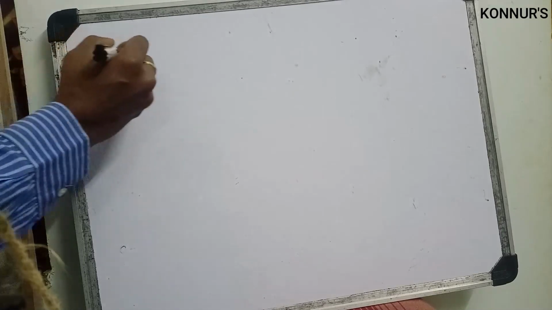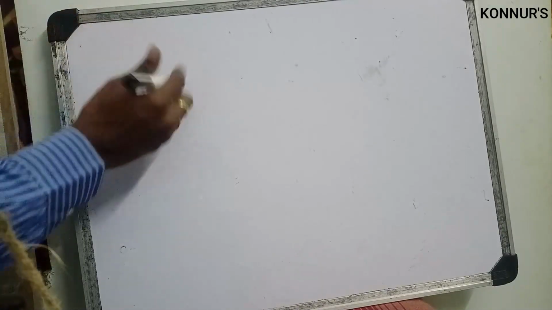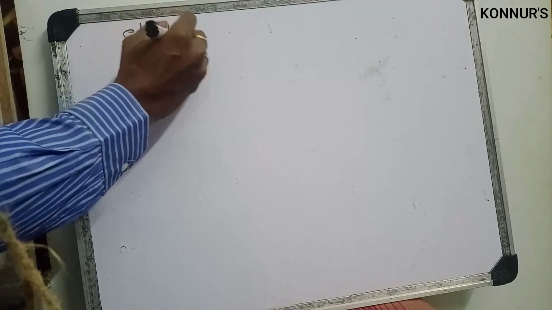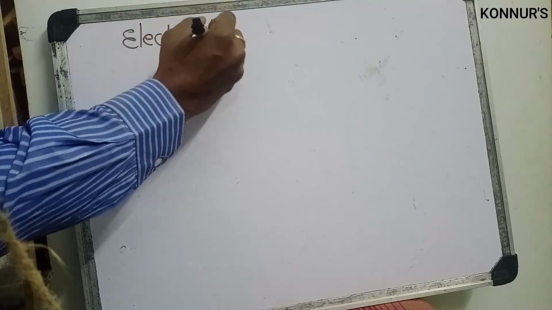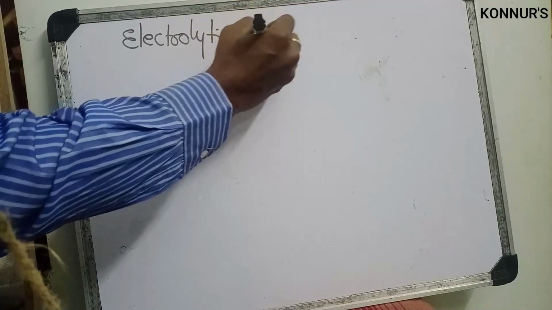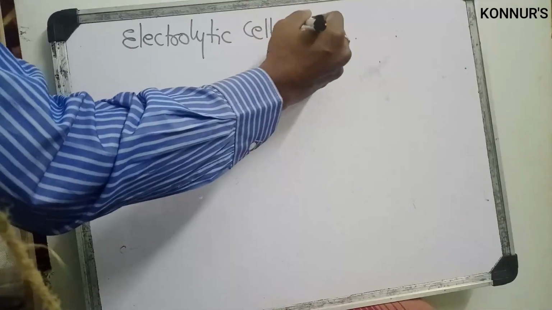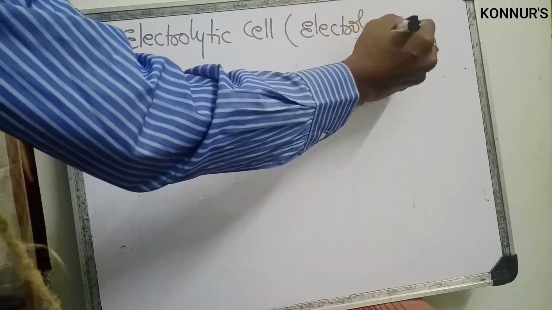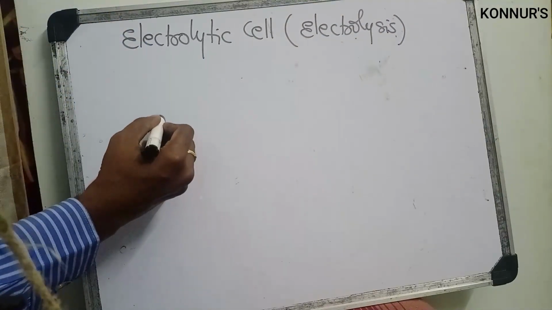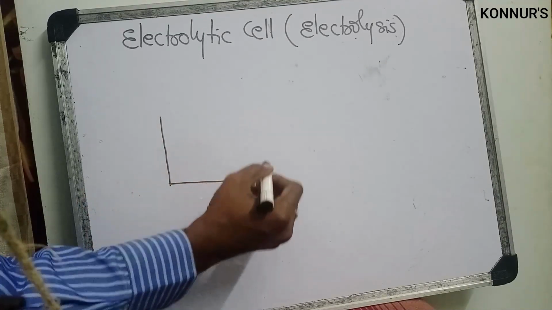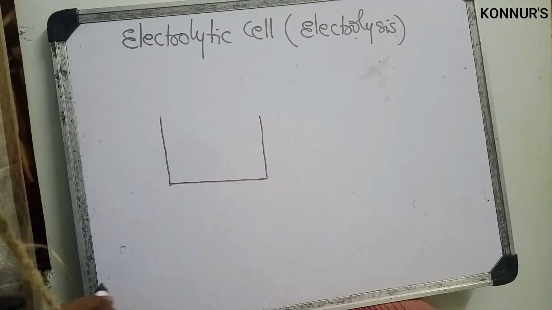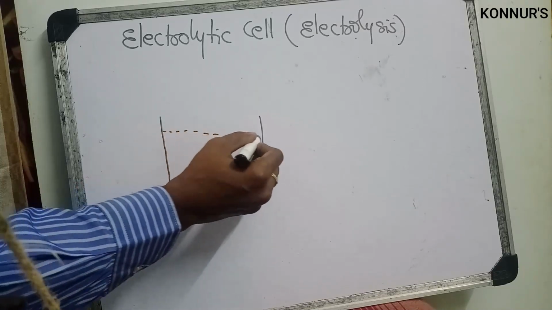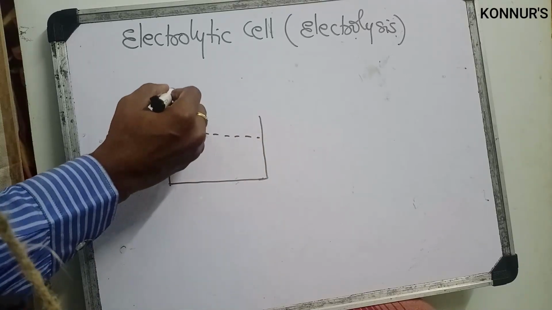So now we will discuss electrolysis, otherwise the electrolytic cell. The electrolytic cell is nothing but electrolysis. Here we are taking an electrolytic solution, maybe in the molten state, otherwise the solution state.